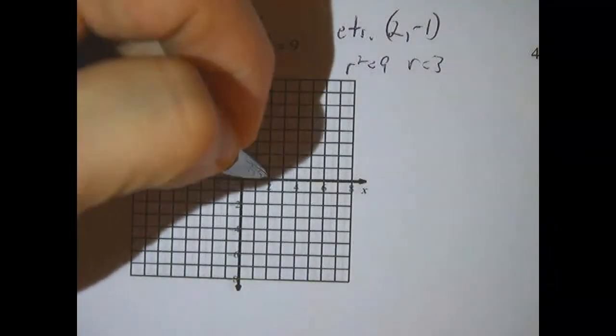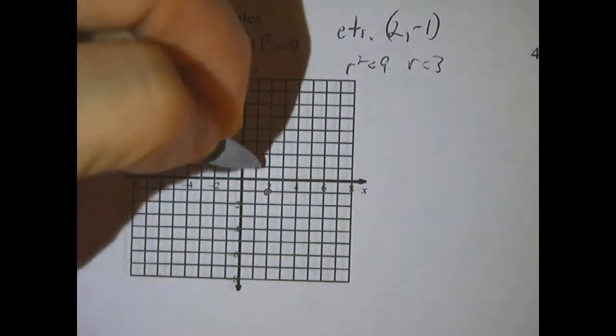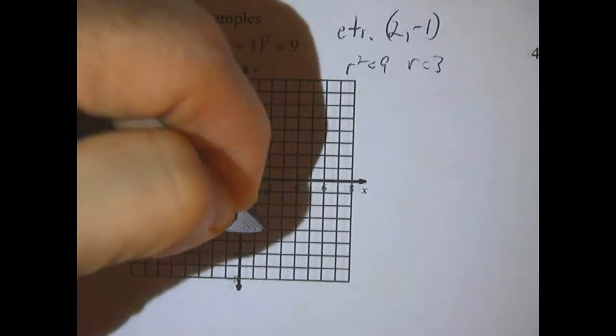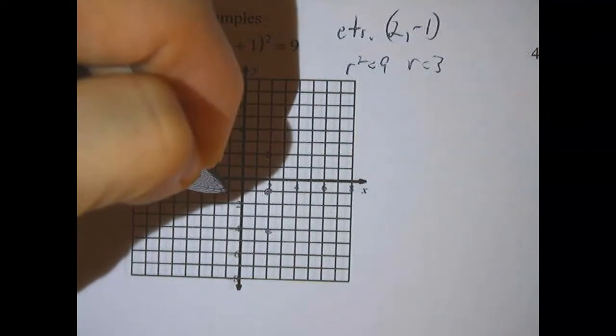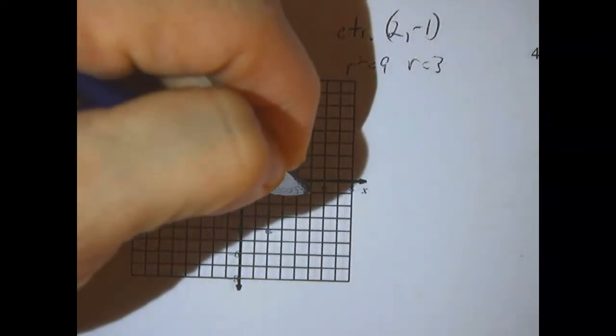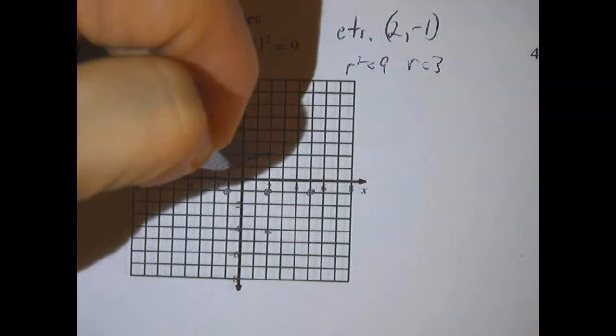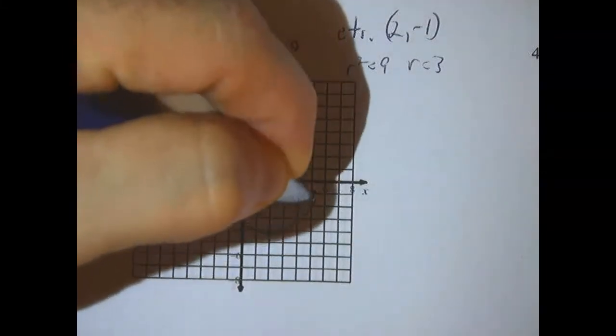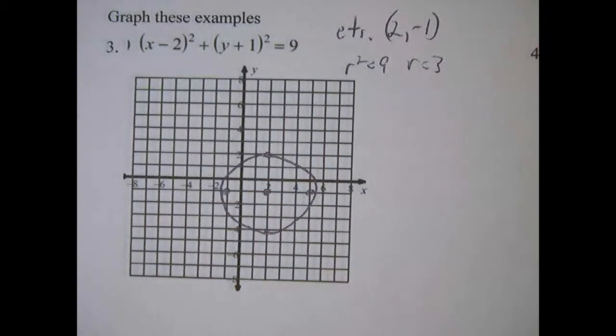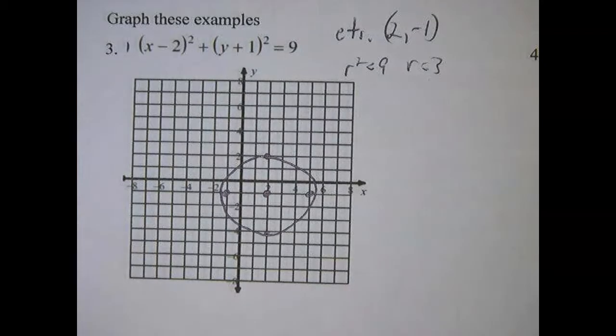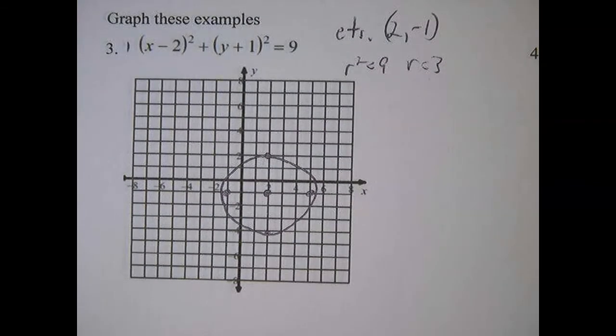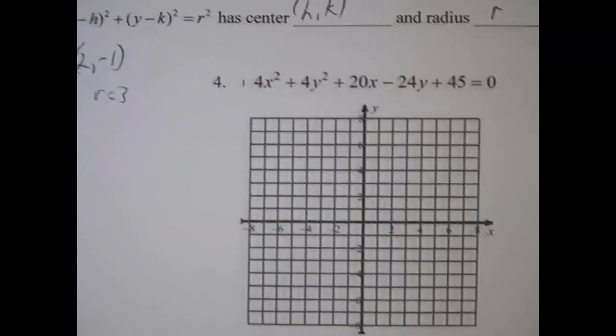So we first find the center, then go up 3, down 3, left 3, and right 3, and just connect them. I keep missing my points, but you get the idea. I think I'm going to graph the other one with the compass, since I'm missing so badly.